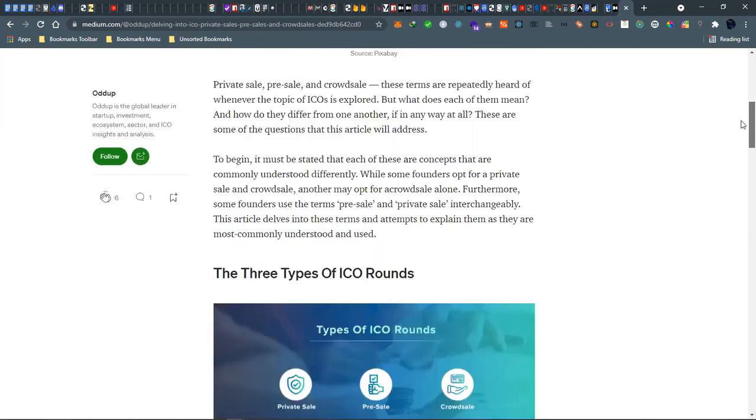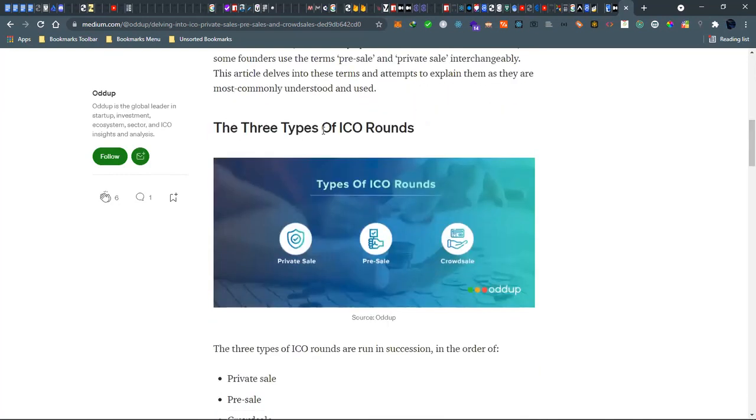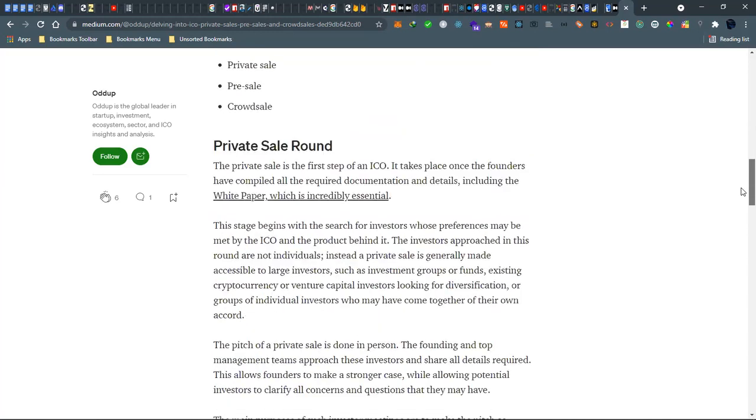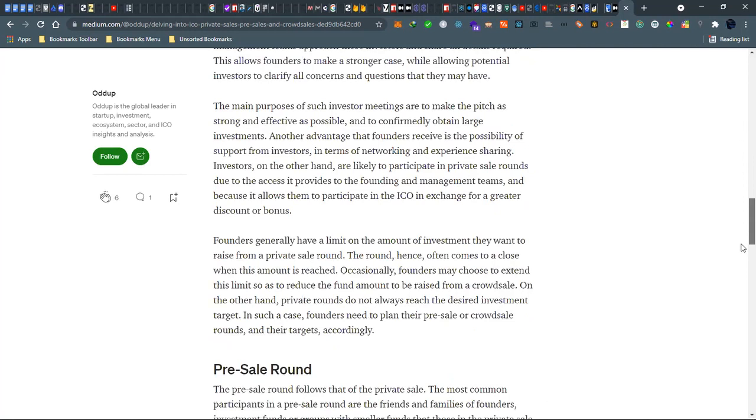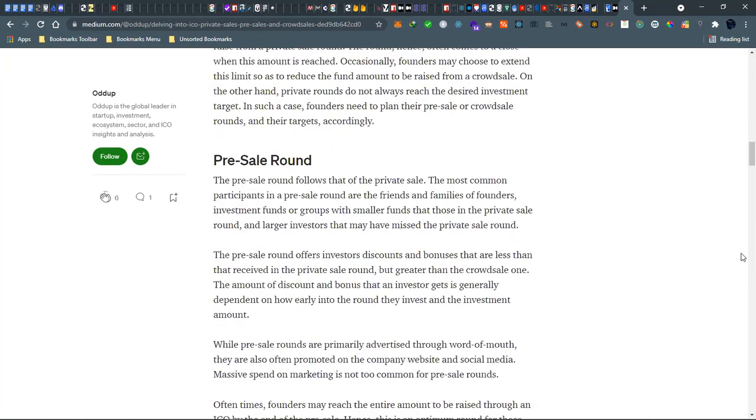So these are the three stages, the three types of ICO routes, in succession. You can have the first one as a private sale, then pre-sale, then crowd sale. During the pre-sale, you can do whitelisting of different addresses. These addresses will be the first group of investors who invested in your idea in the initial stages.